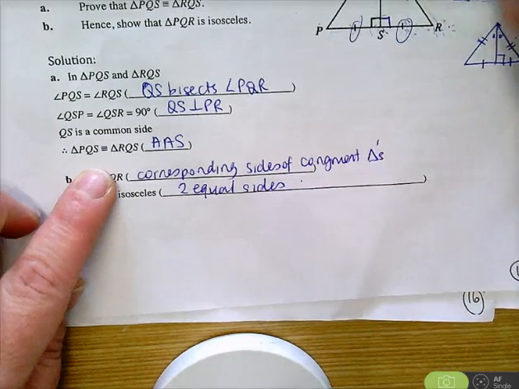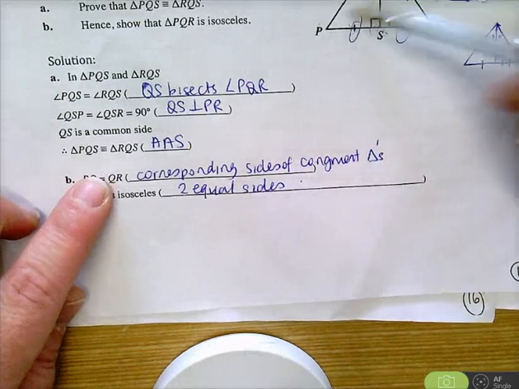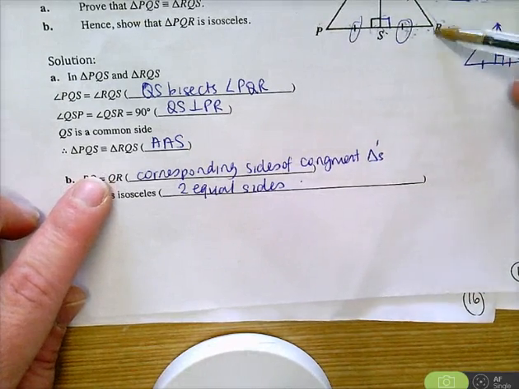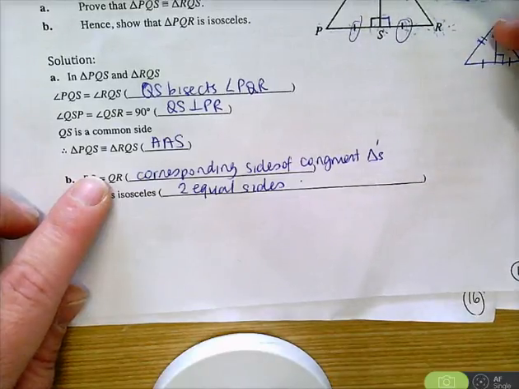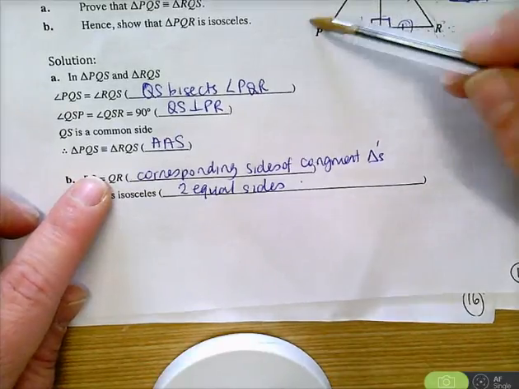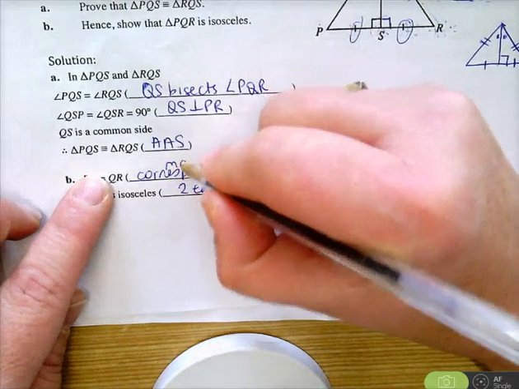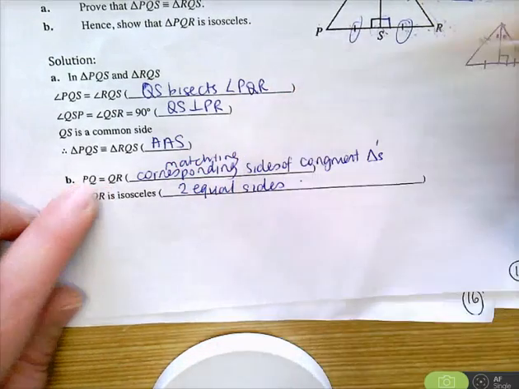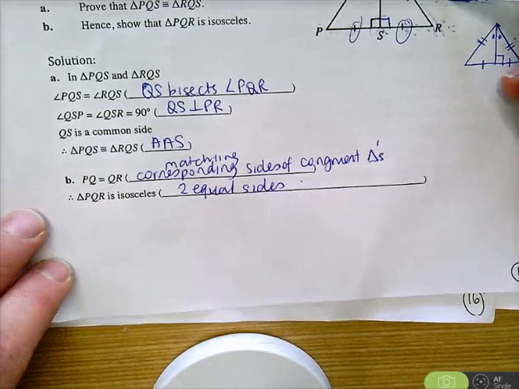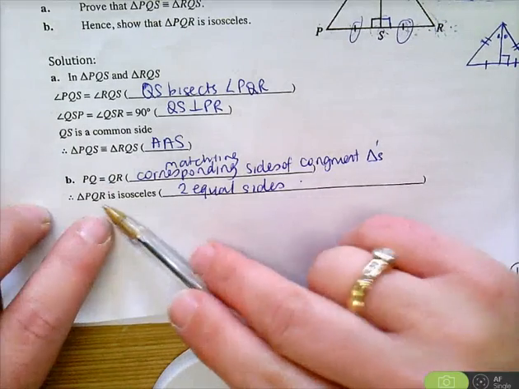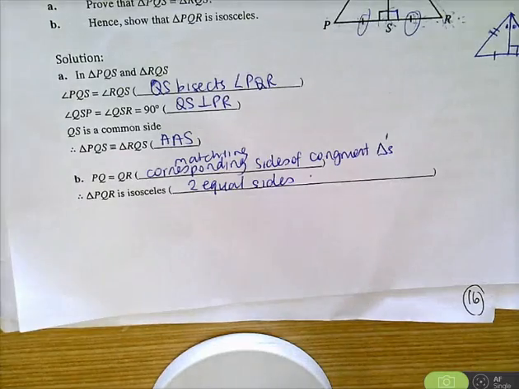Next step is, well, they're corresponding sides of congruent triangles. Because we've proven that these two are congruent, PQ is opposite the right angle, QR is opposite the right angle, so they're corresponding or matching sides of congruent triangles. Now looking at the big triangle, PQ equals QR, and we've got two equal sides. That's why PQR is isosceles.